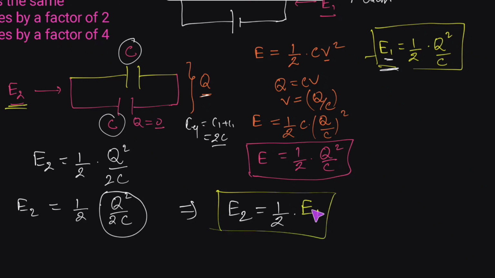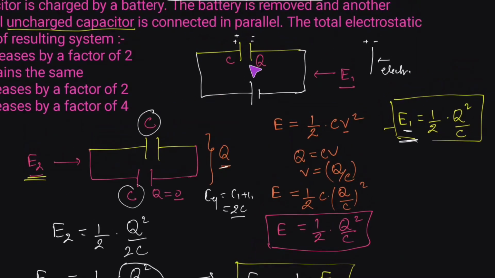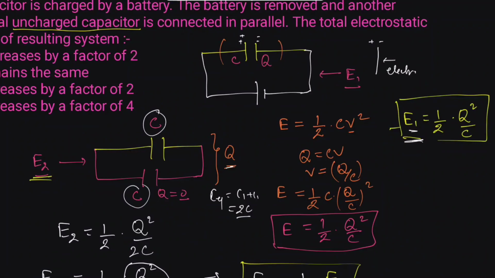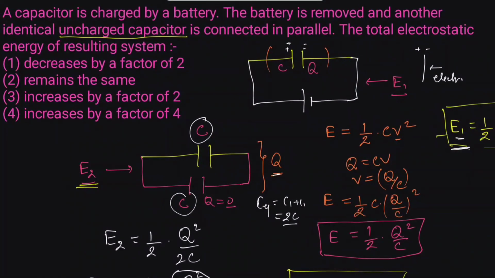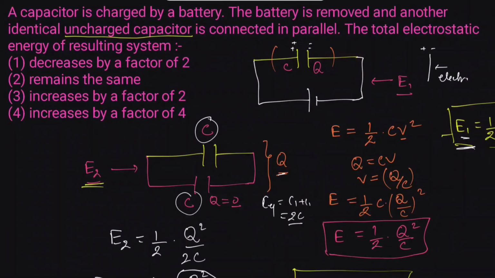So the conclusion we have derived from this equation is that the electrostatic energy stored in this new system would be half of what it was in this capacitor alone. So our answer is that the electrostatic energy of the resulting system would decrease by a factor of 2. So this is our answer.